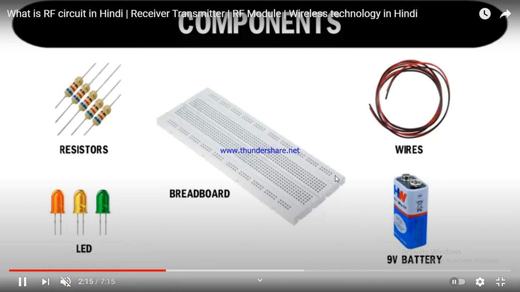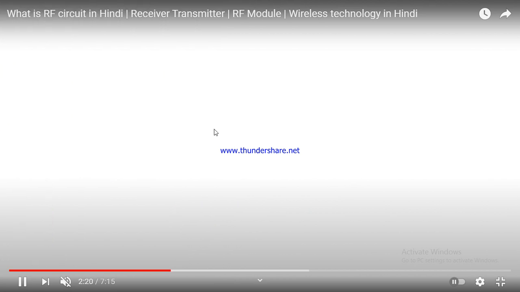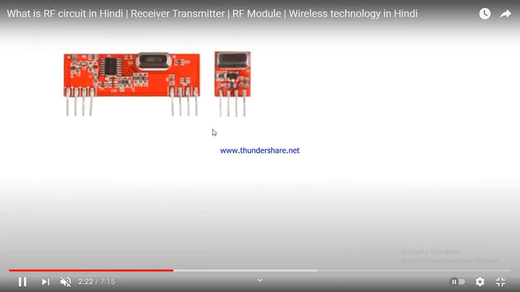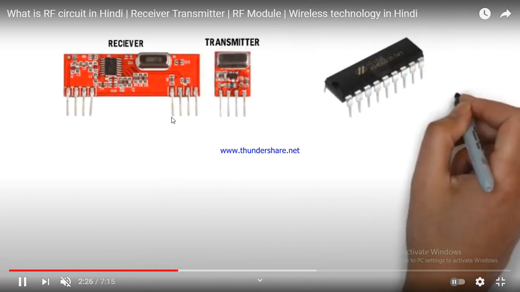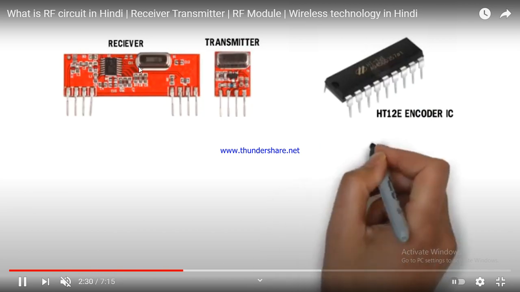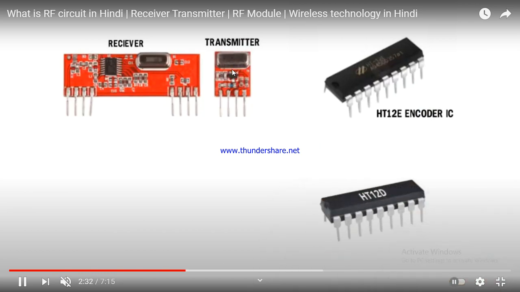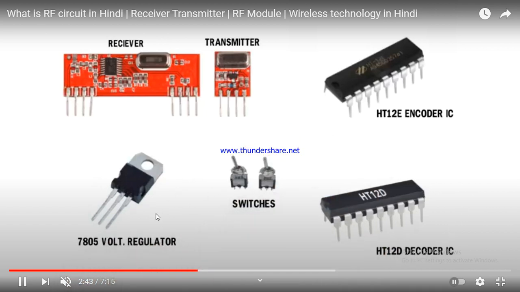These are the current or voltage supply pins, and this is the receiver module and this is the transmitter module. We are using two ICs over here, HT12E and HT12D. HT12E is the encoder and this is the decoder.